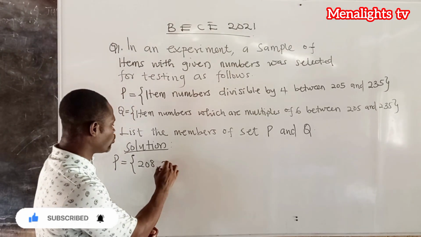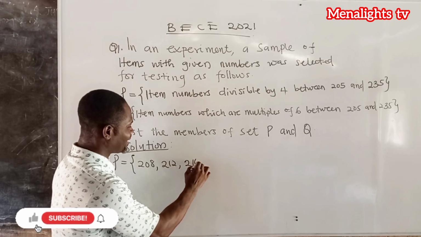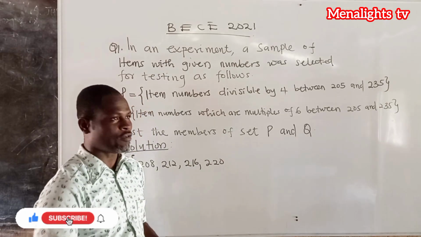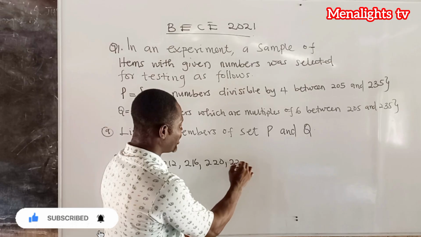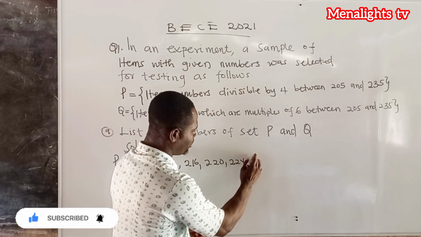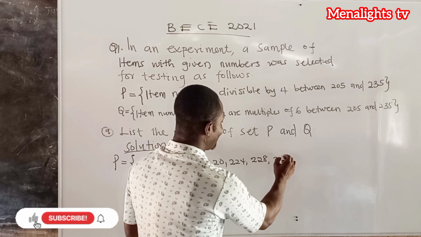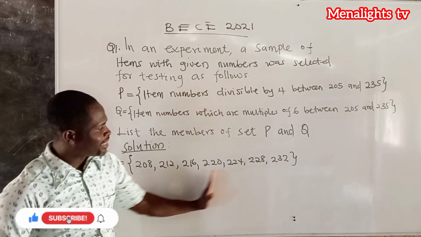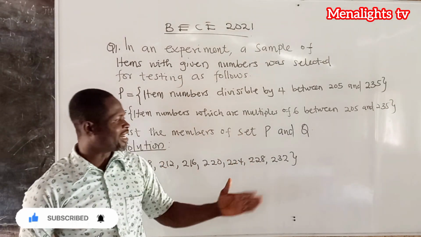So the next one will be 212, 216, 220. That is, we are adding 4 or multiples of 4. Then 224, 228, 232, and that will be the final one. These are the numbers divisible by 4 between 205 and 235.